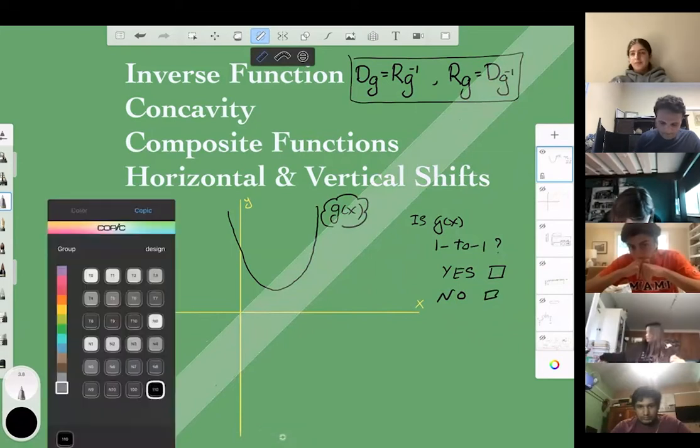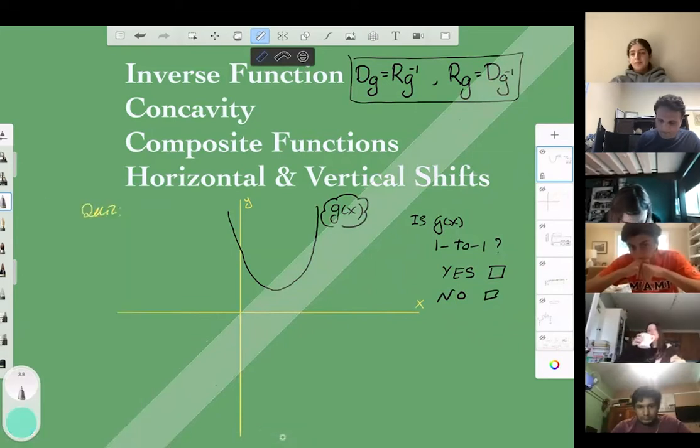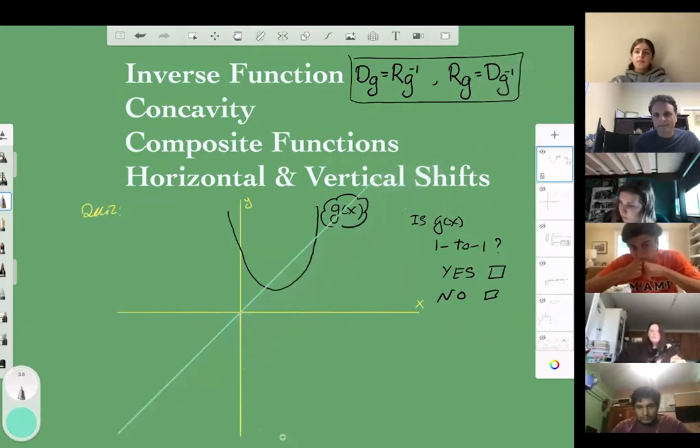For example, somewhere here, and then you reflect it. It's going to be something like that.